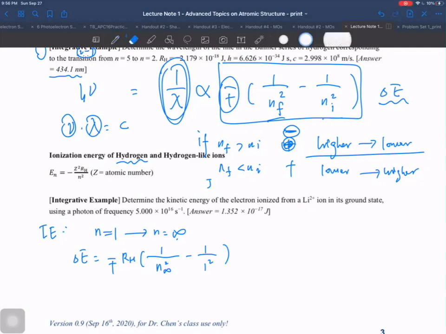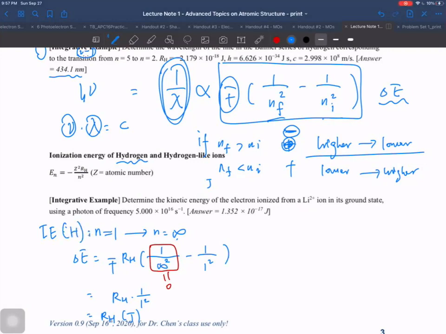I think it should be just infinite squared, right? And then obviously this part is 0. Makes sense, right? So you get RH times 1 over 1 squared, which is RH joule. This is the ionization energy of hydrogen.